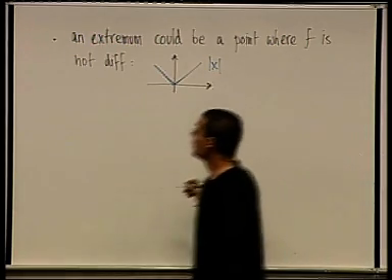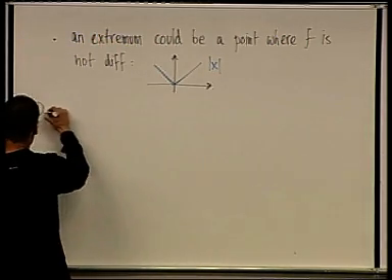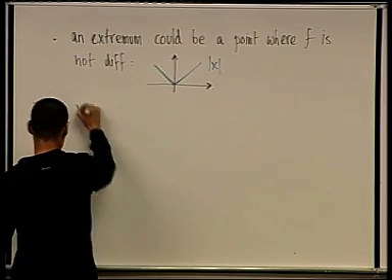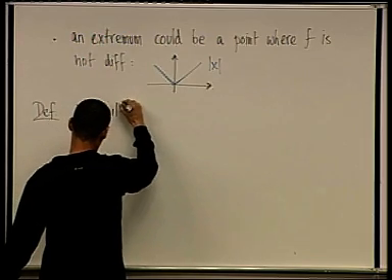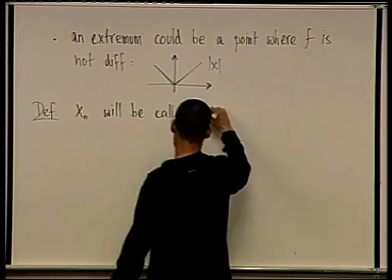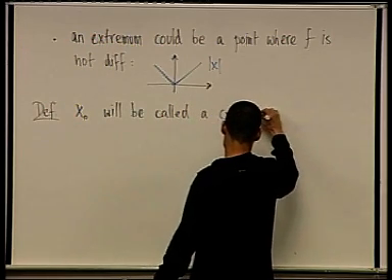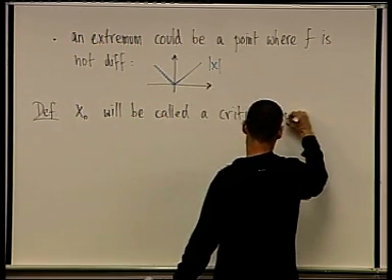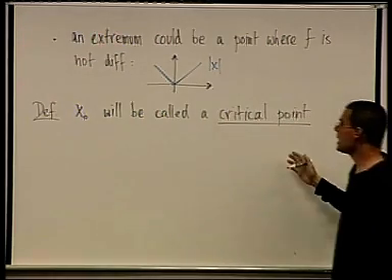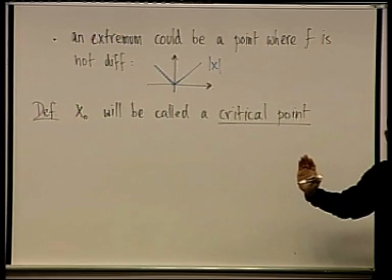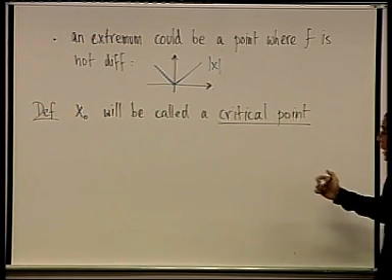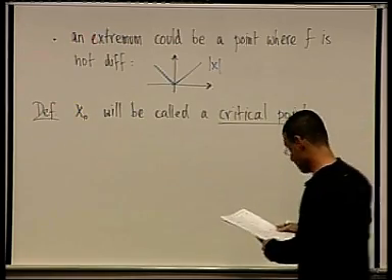Okay, so here's a new one we didn't write on the board yet. x0 will be called a critical point if it's suspicious in the sense that it might be a local minimum or maximum.